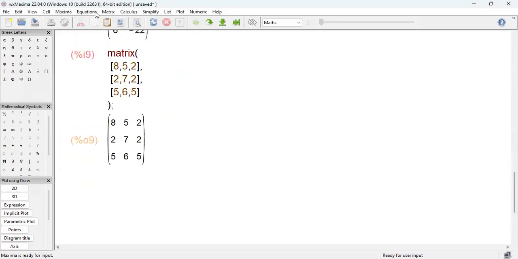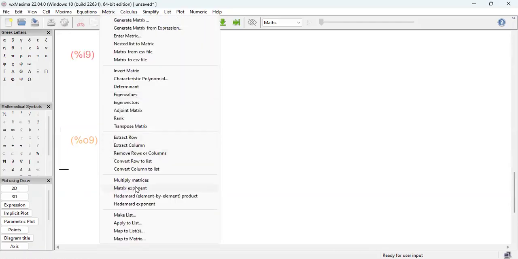So that's input 9. Then we enter another matrix.